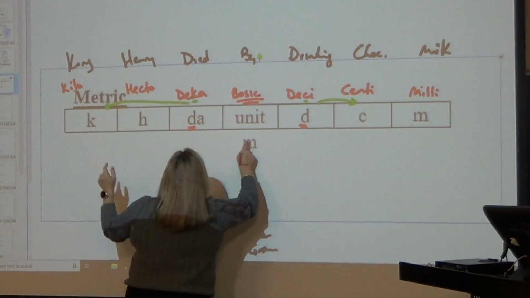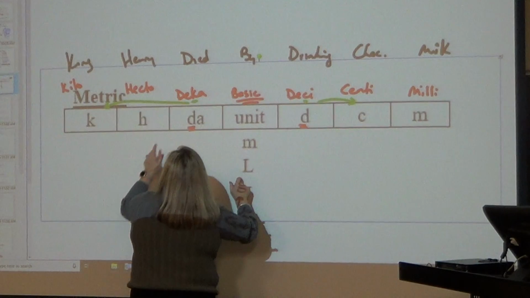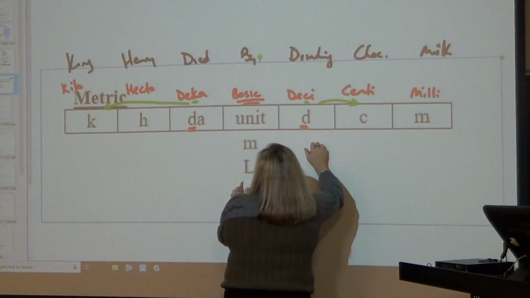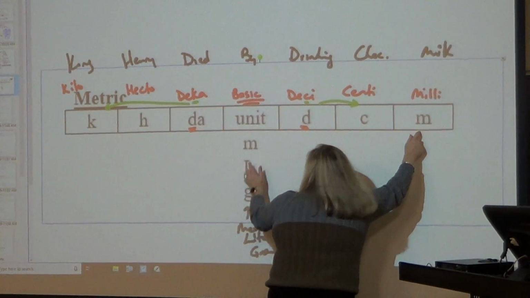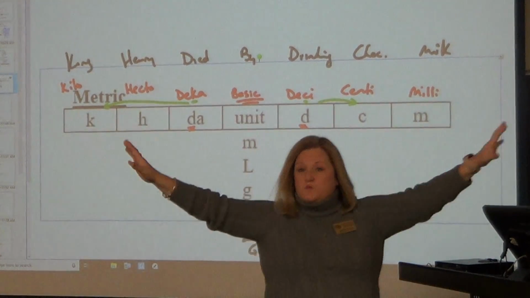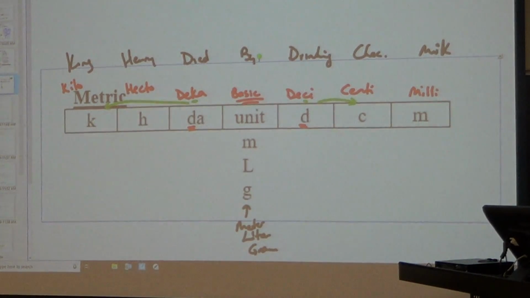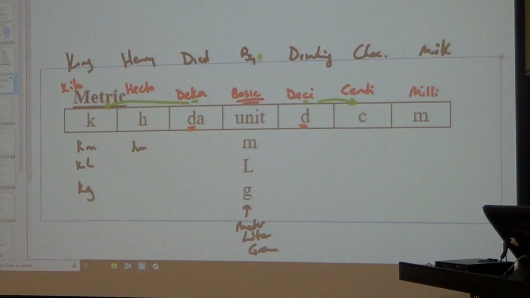So we're going to do kilometer, kiloliter, kilogram, hectometer, hectoliter, hectogram, decameter, decaliter, decagram, decimeter, deciliter, decigram, centimeter, centiliter, centigram, millimeter, milliliter, milligram. So I'm going to take all those prefixes and put them with the word in the middle.